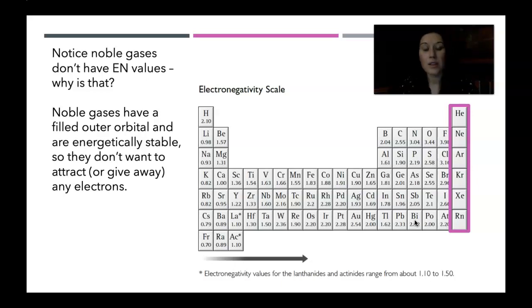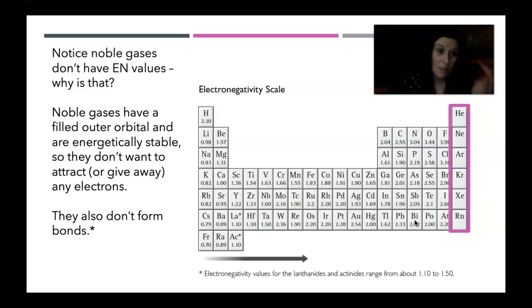So they don't want to attract any electrons towards them or give any electrons away. This is also the reason why noble gases don't form bonds. And I put a little asterisk there because usually there's always an exception to rules in chemistry. But noble gases, for what we're going to do, do not form bonds.